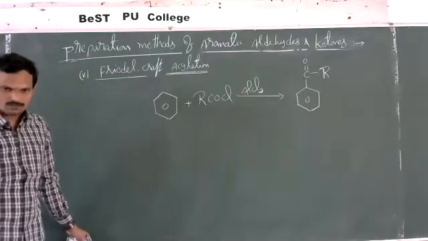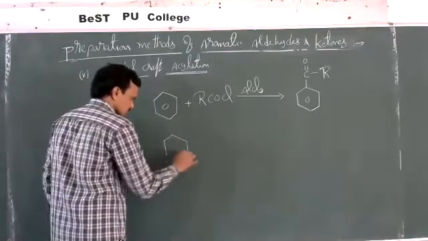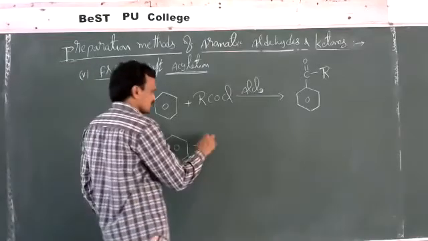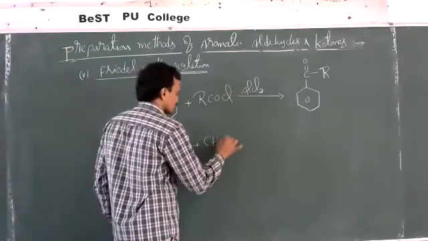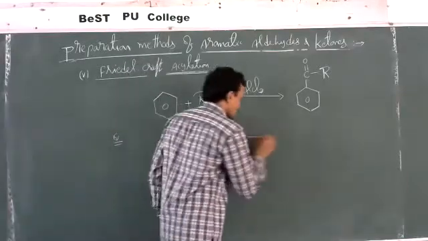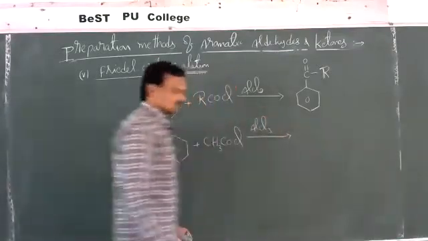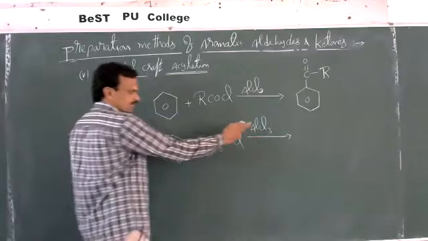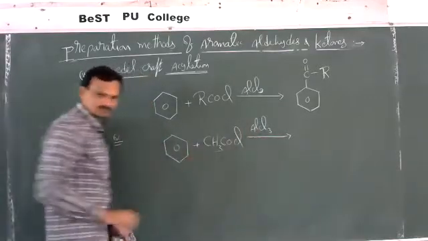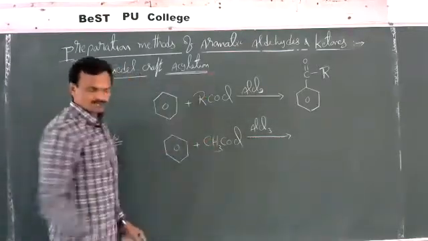This is the general equation. Now let us take an example here. If benzene is allowed to react with acetyl chloride, CH3COCl, in the presence of AlCl3, Lewis acid as catalyst, first this AlCl3 interacts with it and produces the electrophile CH3CO plus, and that electrophile can attack the benzene ring and replace H plus.